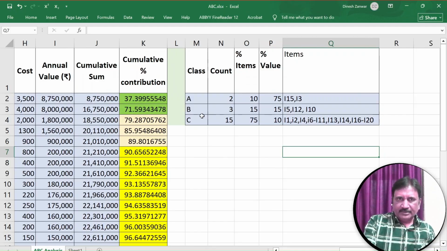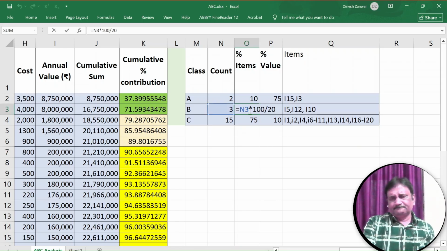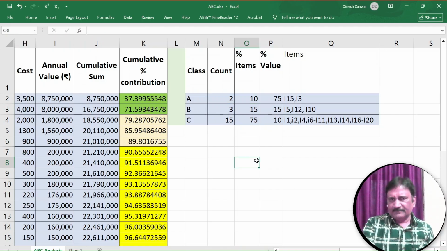Okay, then in B class, out of the items there, percentage-wise 3 by 20 approximately comes out to be 15%. And consumption value is also 15%, right? How do I get consumption value?